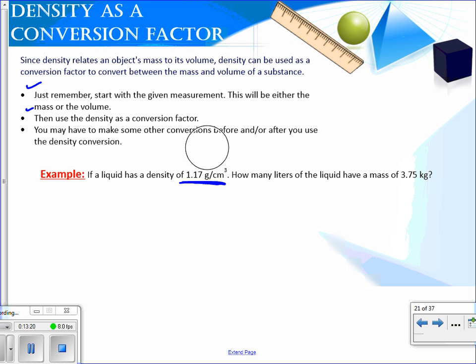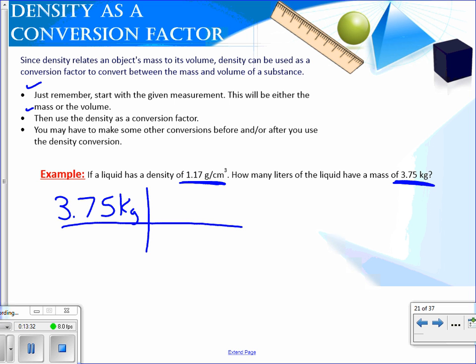Well, it's per cubic centimeter. All right, so how many liters? You start with that mass, 3.75 kilograms. Now this is in kilograms, so before we can use this conversion factor, we need to get to grams. So kilograms to grams, 1 kilogram equals 1,000 grams. Okay. So now we're in grams.